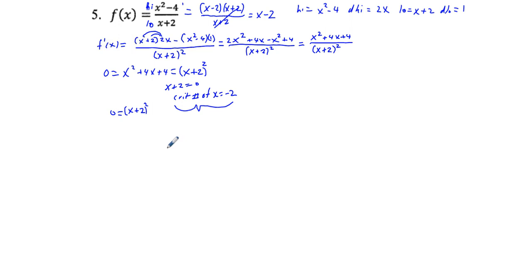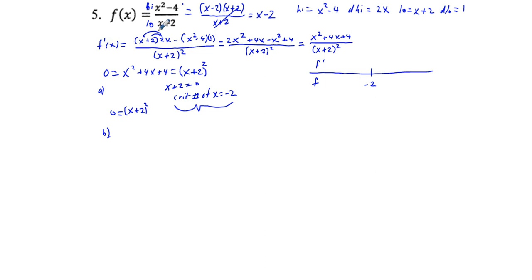And it says determine intervals where the function is increasing, decreasing, justify. Well, we know we have a critical number of negative 2. That's part A. For part B, we have a number of negative 2, and we're going to put f prime above and f below.